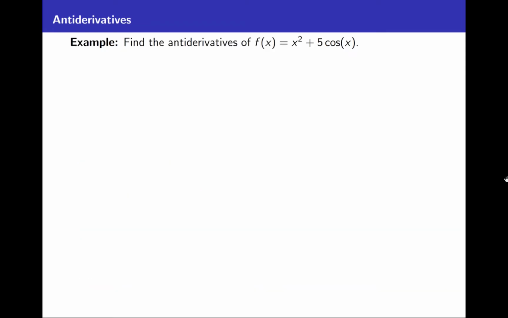Let's look at another example. Let's find all of the antiderivatives of the function little f of x equals x squared plus 5 times cosine of x. So we could think of it this way. There's some function that we're looking for. I'll put a question mark there. And if we differentiate it, we need to get x squared plus 5 cosine x.